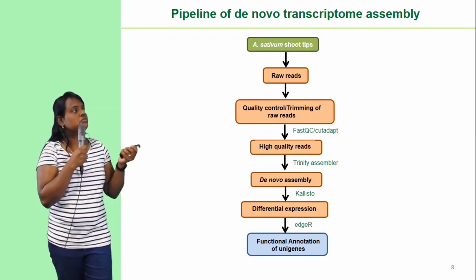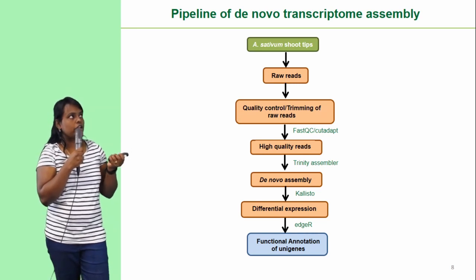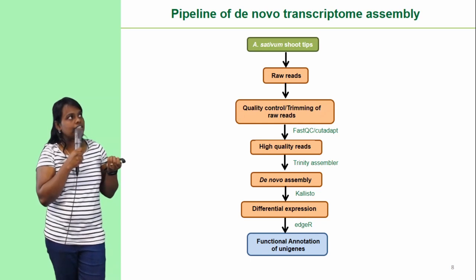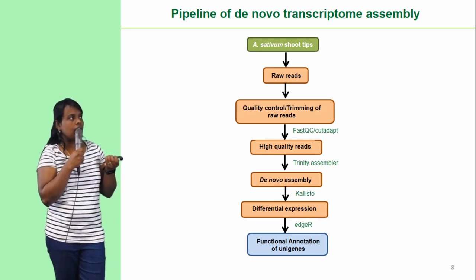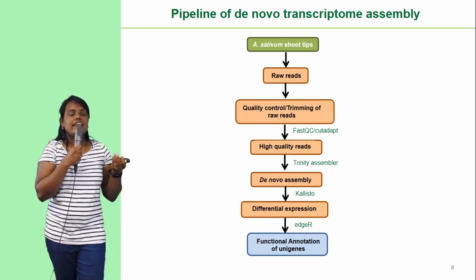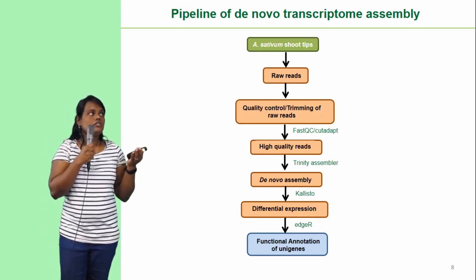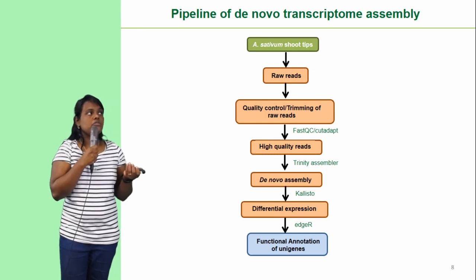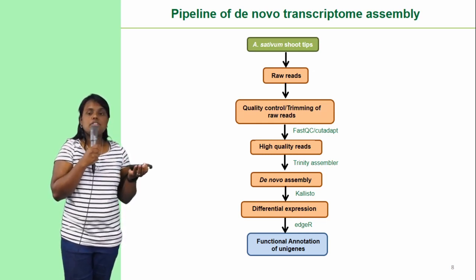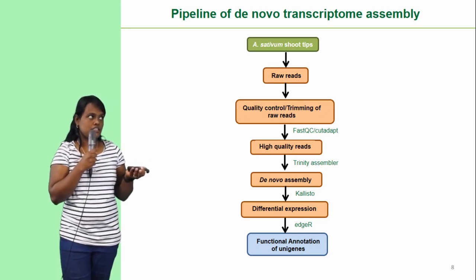Now the shoot tips which have been processed after cryopreservation have been given for Illumina sequencing. The raw reads obtained from the Illumina sequencing are checked for quality control with FastQC, and they are trimmed with Cutadapt. Finally, we have the high quality reads which are then assembled with the Trinity assembler.